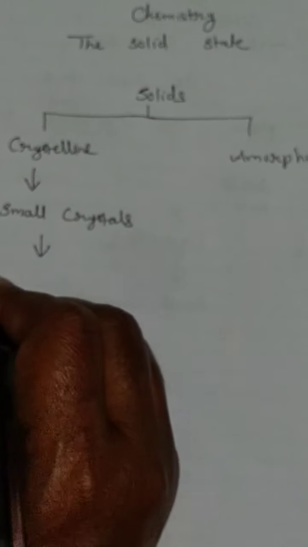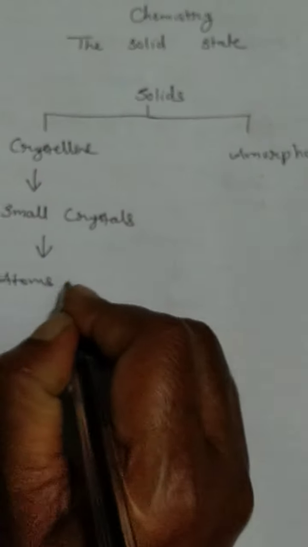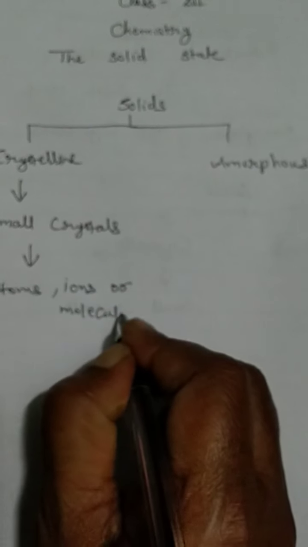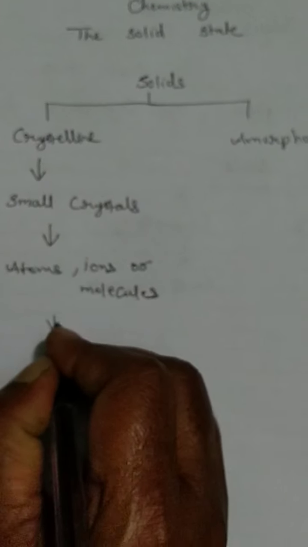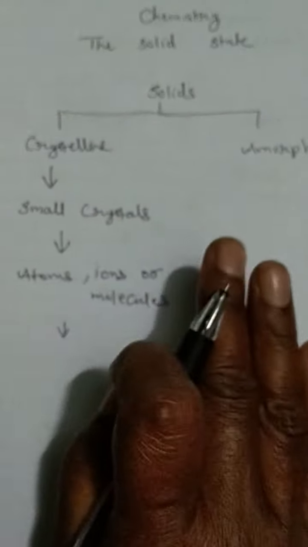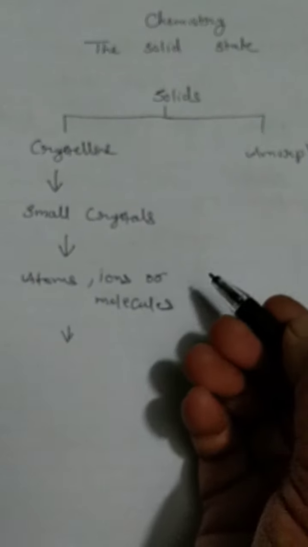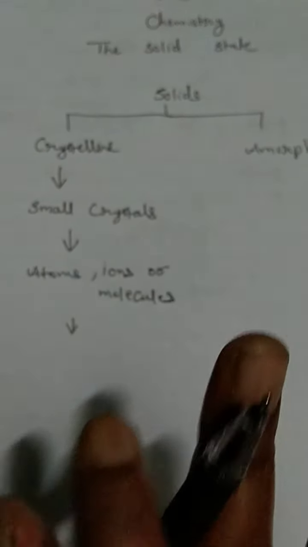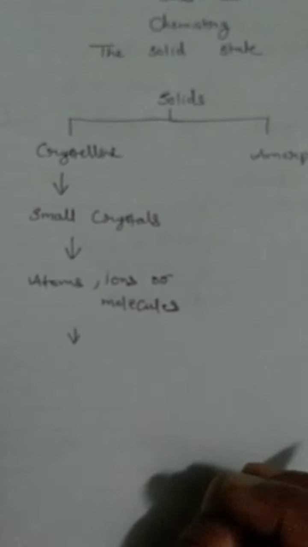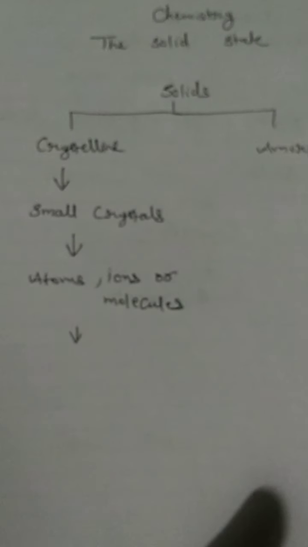These crystals contain atoms, ions or molecules. But the only thing is that in a crystal, these atoms, ions or molecules are arranged in a definite geometrical pattern, or you can say there is a definite characteristic geometrical shape.